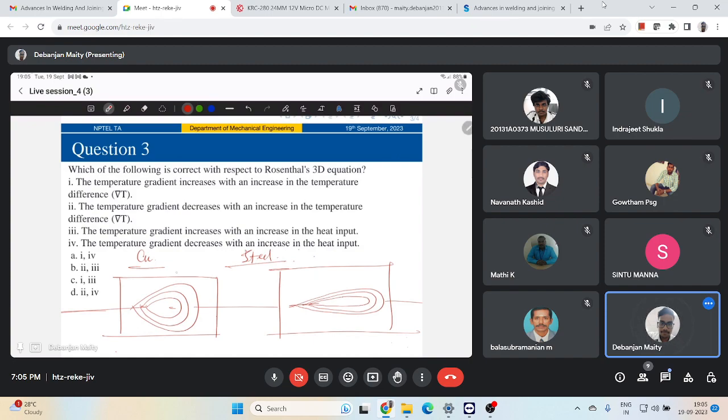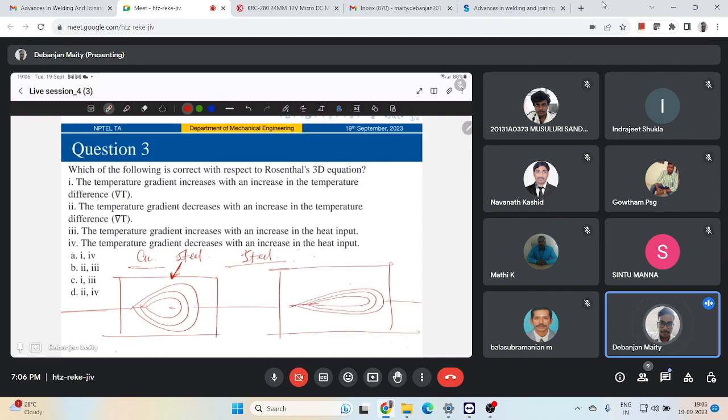First, take this one. Will this one be for copper or for steel? The heat affected zone is very wide, and yes, is this for copper? No, this will be for steel. Copper can dissipate heat very quickly, so it can cool very easily.